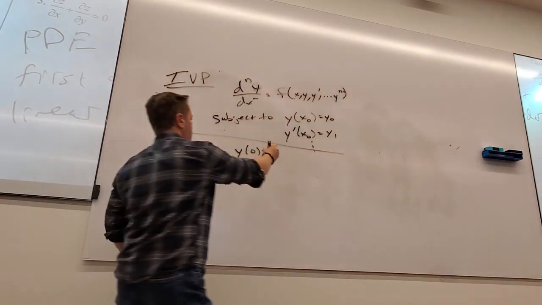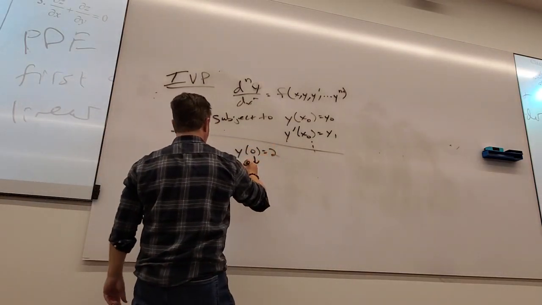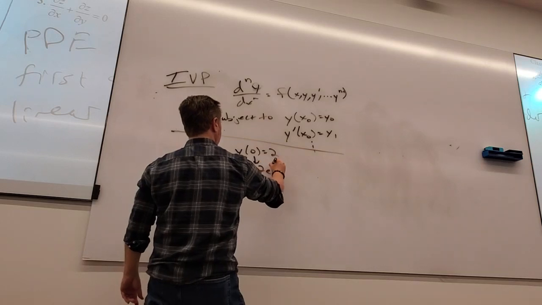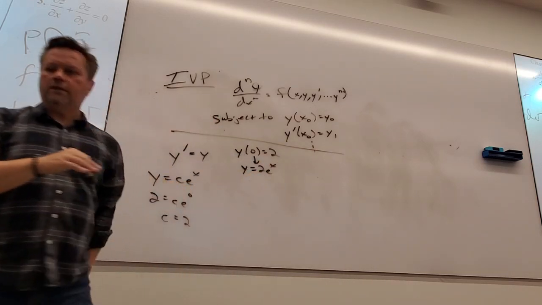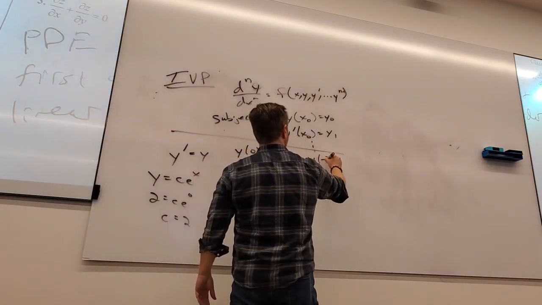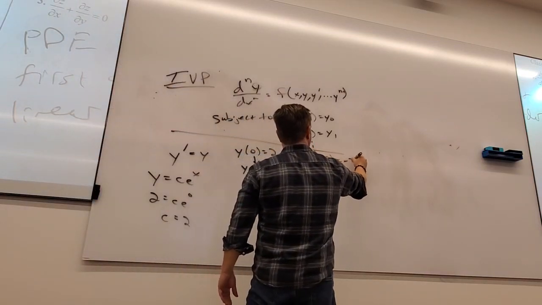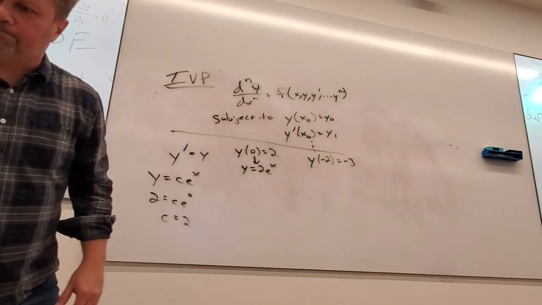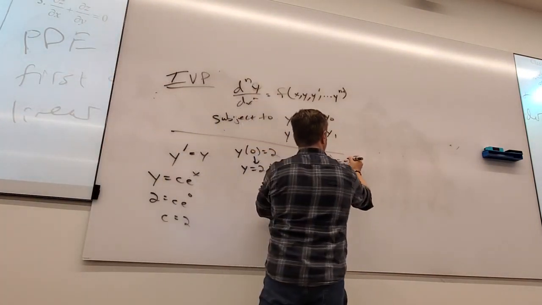What if the initial condition, so this leads to this solution. What if the initial condition was y of negative 2 equals, what did I say, negative 3 or 3? Doesn't really matter. Yeah, 3.